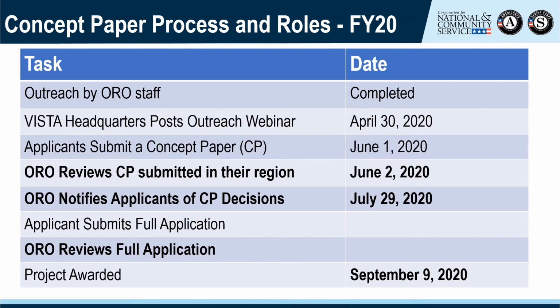In order to complete the process in fiscal year 2020, you will need to award the project by September 9th. The RFCP timeline, and RFCP, another acronym, Request for Concept Papers, is a standalone document and is also included within the Request for Concept Paper notice.